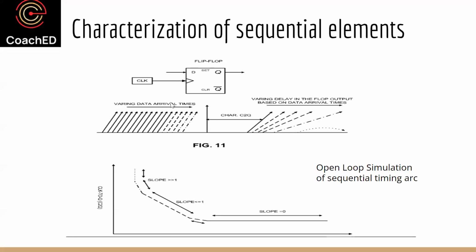And then in log base 2 number of iterations, you should be able to identify the right point where the circuit is failing or just passing. And hence, in very log base 2 number of steps, you are able to find out where the setup time is.